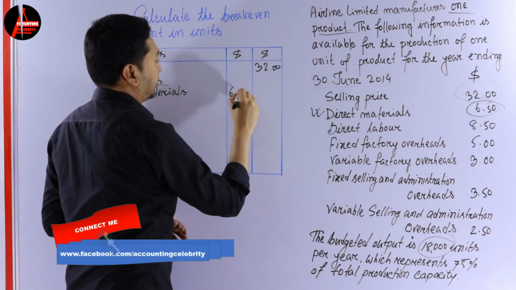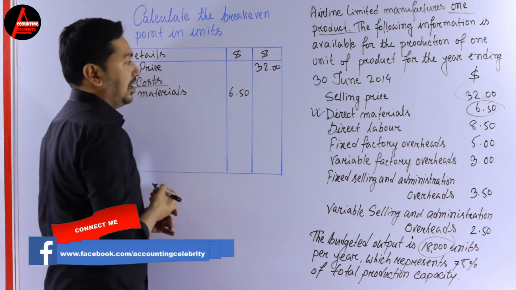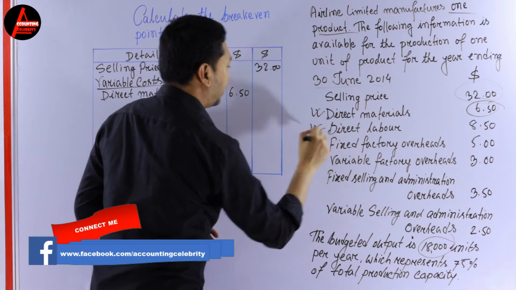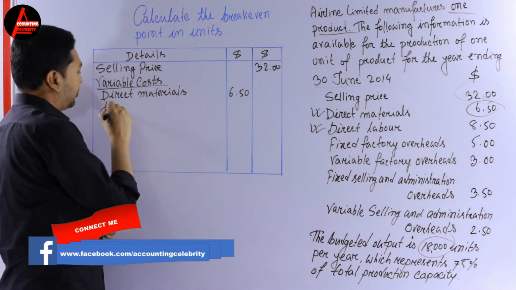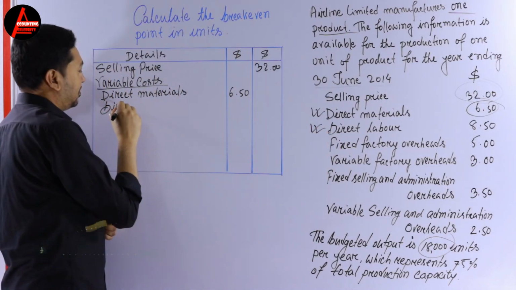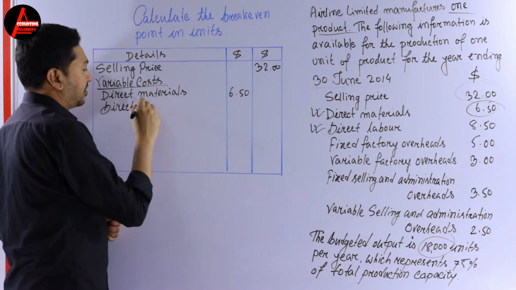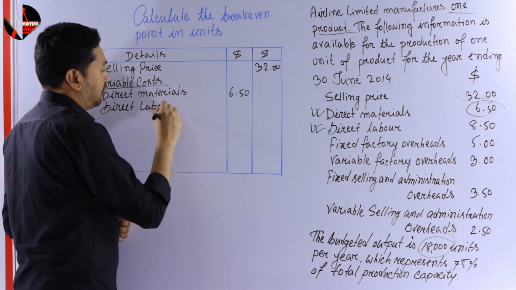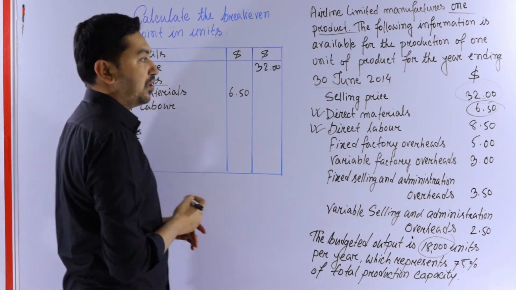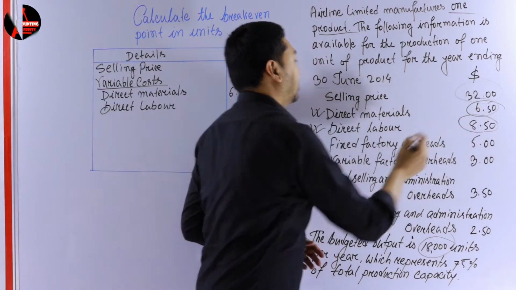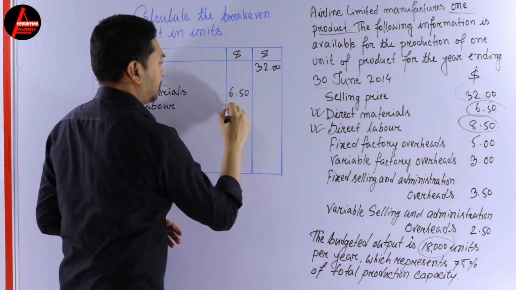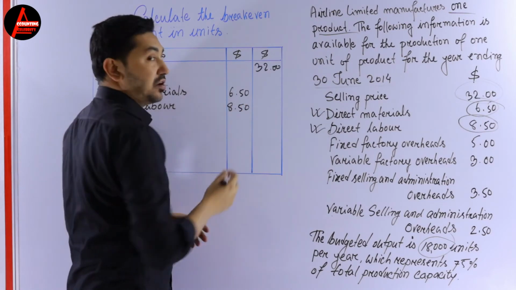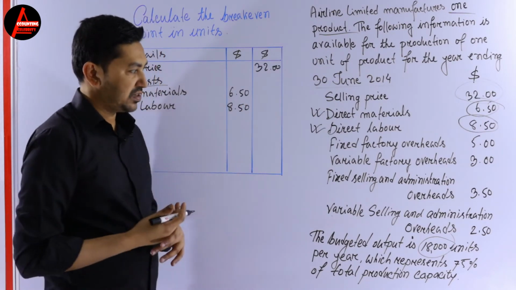So right here, 6.50. Then we have direct labor. So what is the price here? $8.50. So right here, $8.50.